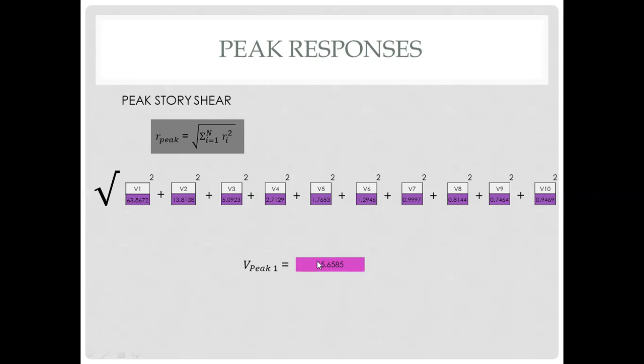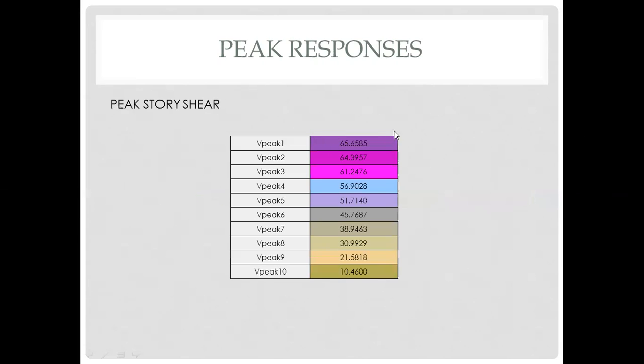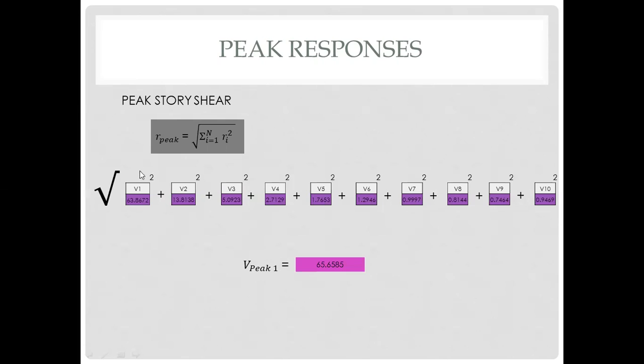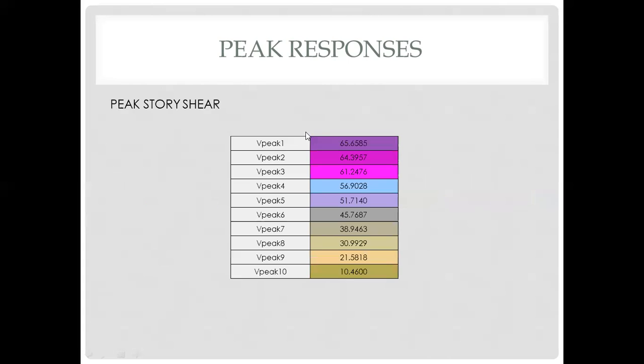So, ito na yung value niya pag na-solve na natin to. And then, yan na yung summary niya na sinolve natin. So, repeat lang din natin yung process na ginawa natin dito sa peak story shear 1. So, makukuha natin yung 2 hanggang 10. So, yan.